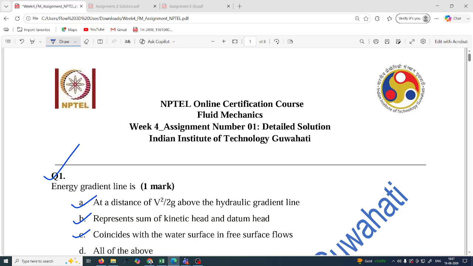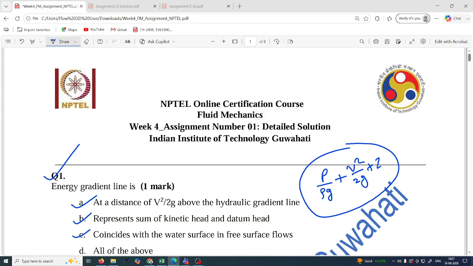So what is energy gradient line? It is nothing but the summation of all the heads, the pressure head P by rho g, plus velocity head v square by 2g, plus your datum head. When we add these three terms at several points and join all the points with a single line, it is known as the energy gradient line, EGL.